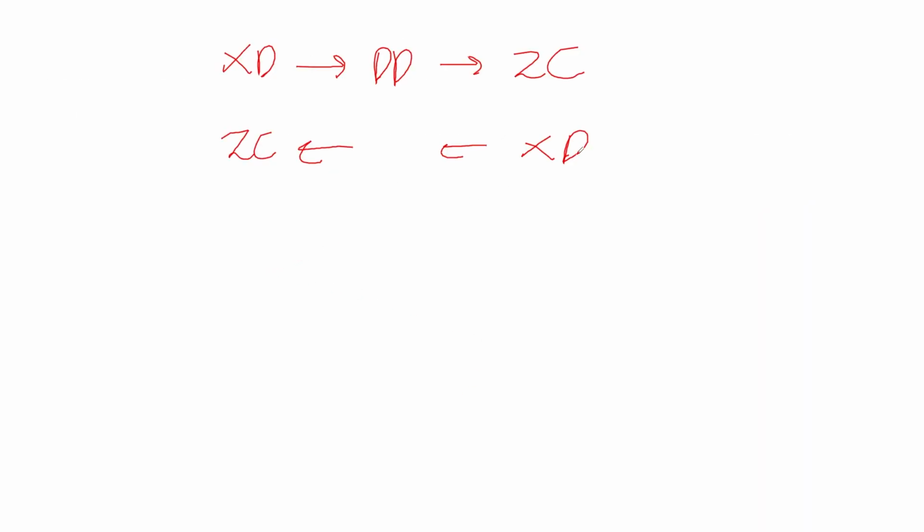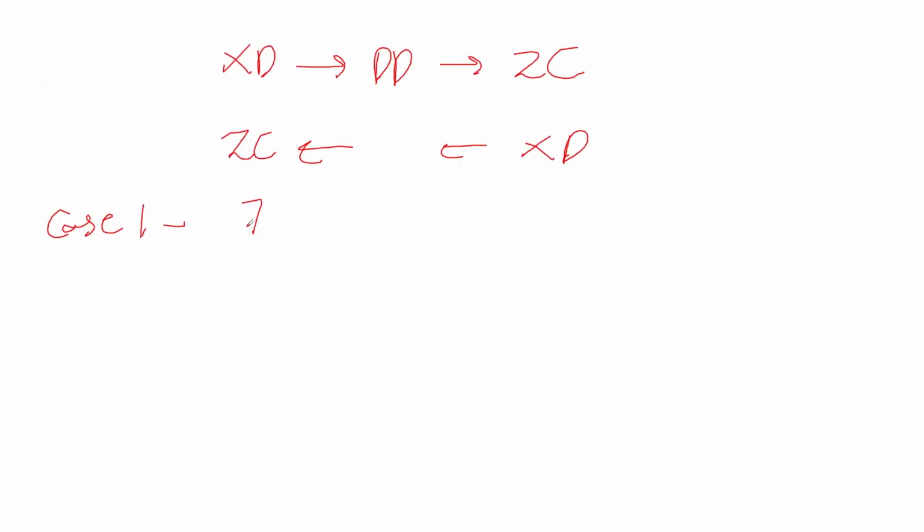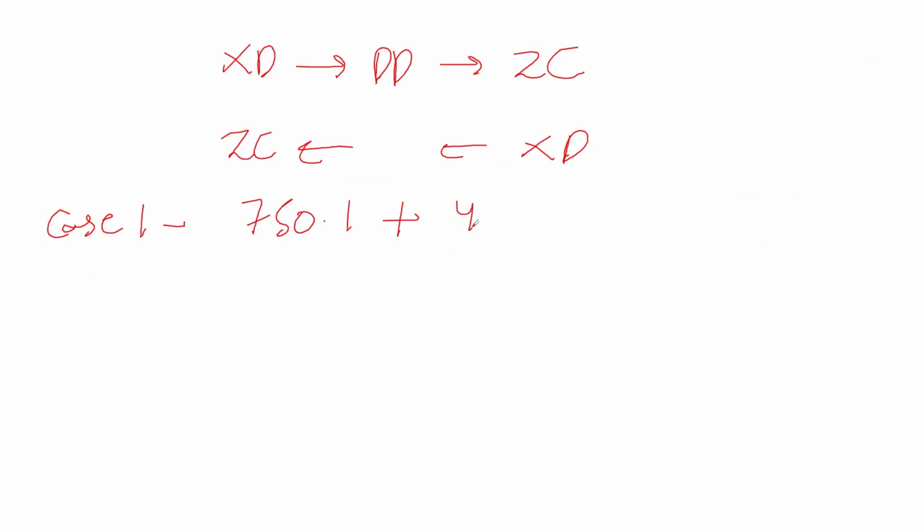So what will be the total cost in first case? For case 1, the total cost will be 750.1 plus 457.3. Okay, so without solving, let's first move to case 2.